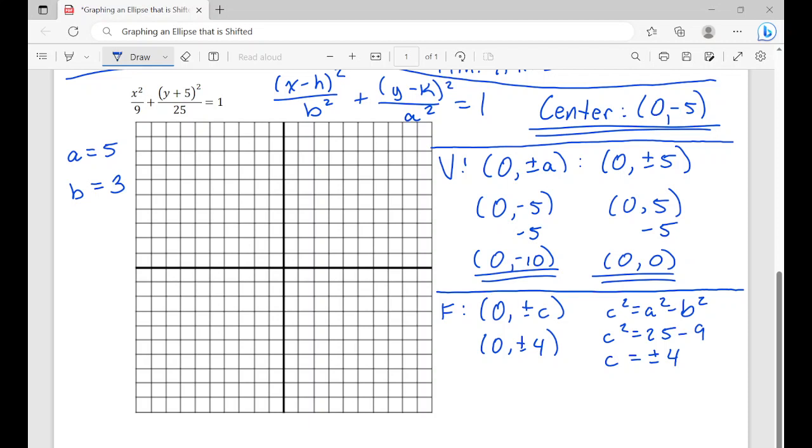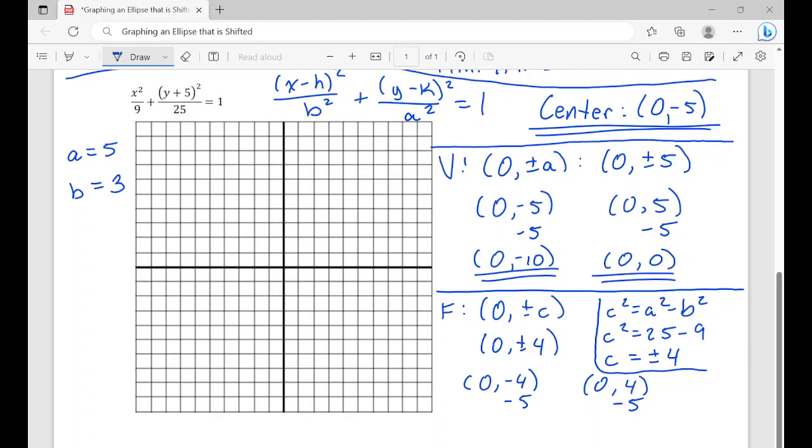So that means we have 0, comma, negative 4, and 0, comma, positive 4, and we're going to subtract 5 from both. So we're going to end up with foci at 0, comma, negative 9 and at 0, comma, negative 1. So these are the points for the foci.